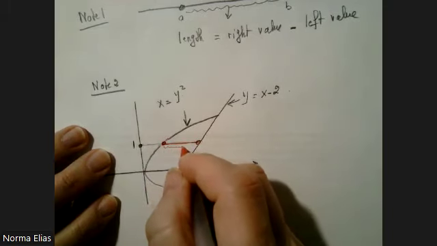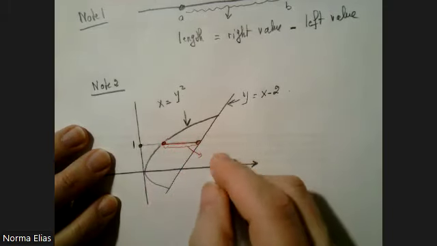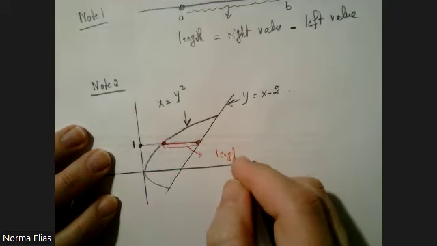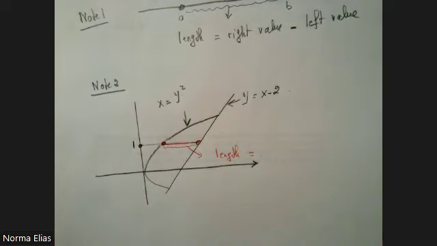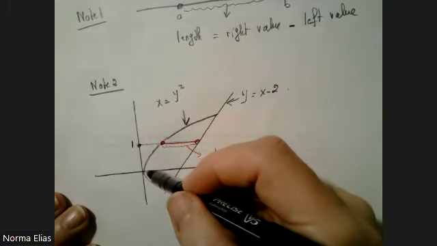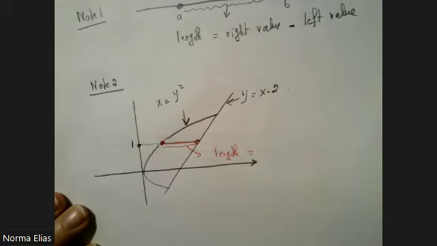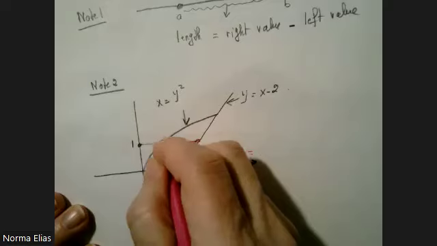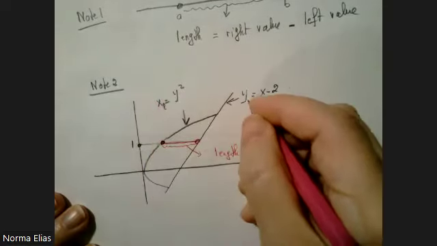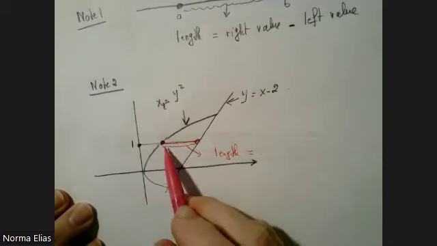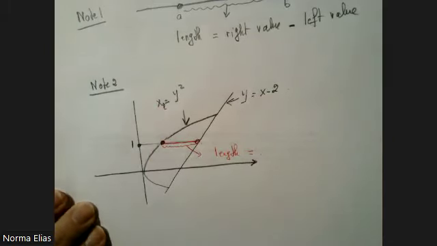Who can give me the length of this line segment? I'll give you a minute to think about it. This is a 1 in here, and I'm taking the line segment that goes from this curve, the left curve, to this curve. So who can give me the length from here to here? 1 minute.